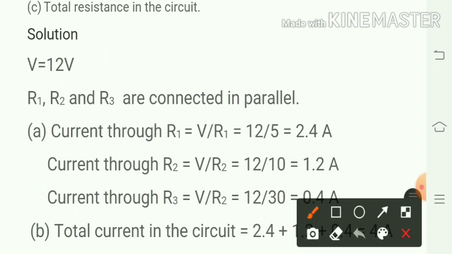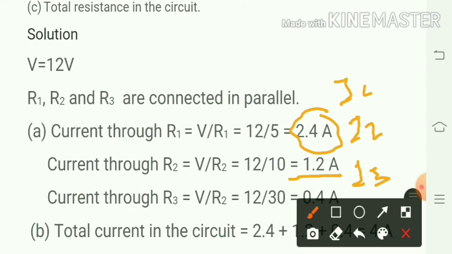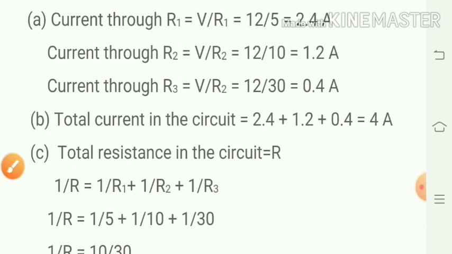According to this, we can calculate the three values I1, I2 and I3. From this, we get the value of I1 as 2.4 ampere, I2 as 1.2 ampere and I3 as 0.4 ampere.